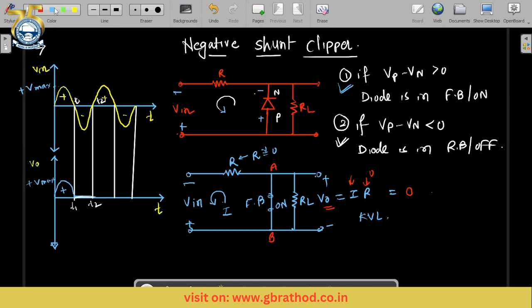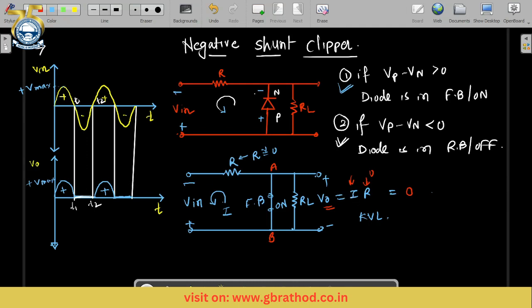And once again, if the cycle is repeated, we'll get this output positive. So you can see from the diagram, for the negative half cycle the output will be 0, and for the positive half cycle the output will equal V input. So once again the cycle is repeated.